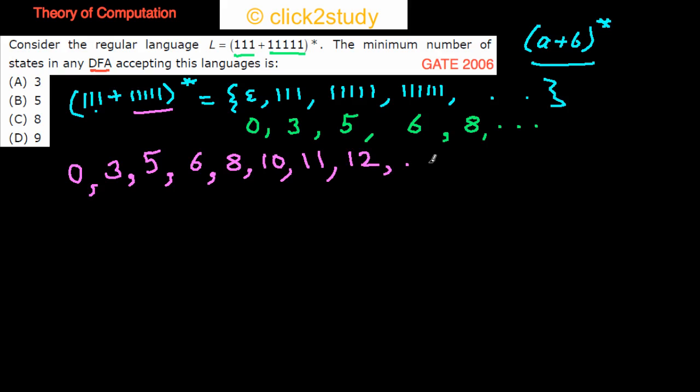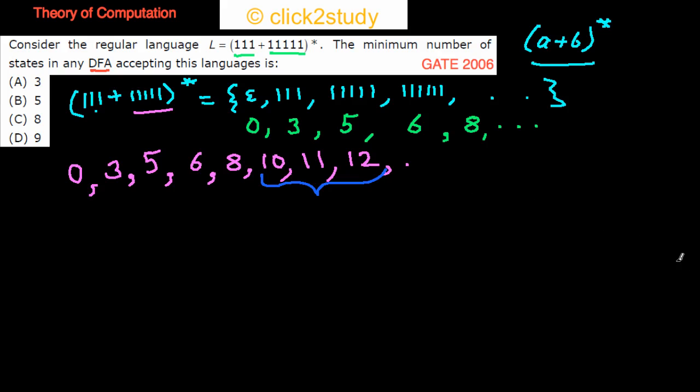And so on. Now what you see is something interesting out here: a continuous pattern of 3 without a break, 10, 11 and 12.